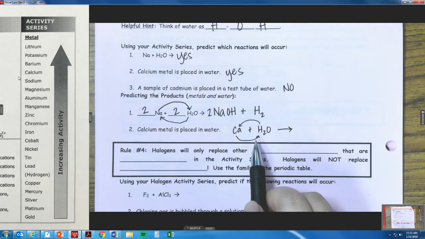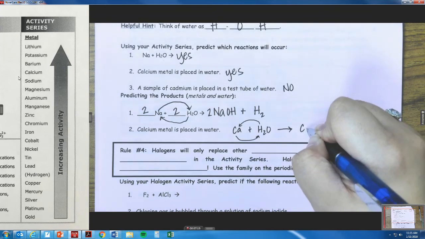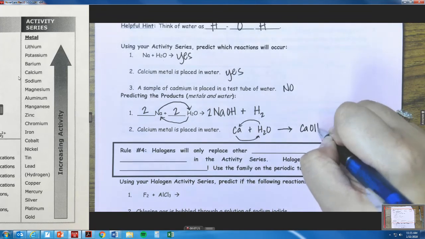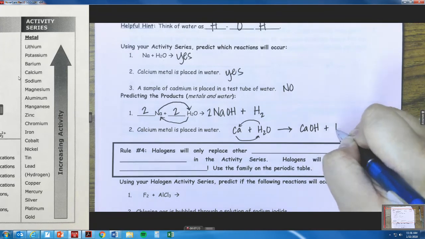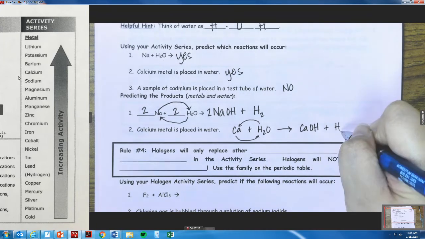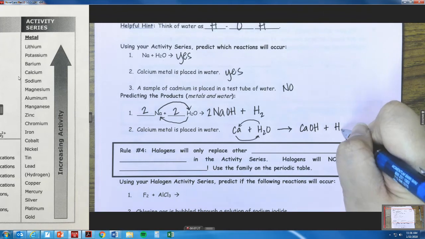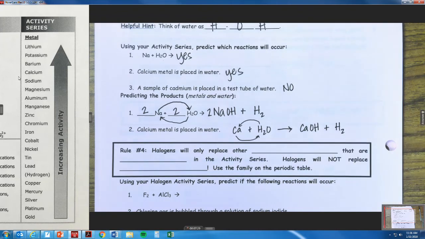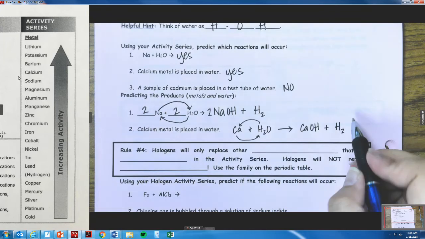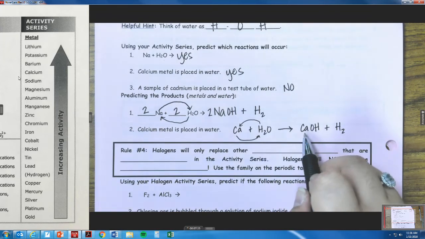Remember, it's only reacting with 1 hydrogen. So your product is going to be CaOH plus hydrogen. And then hydrogen cannot be alone, it's a diatomic, so we're going to add a subscript of 2 there.